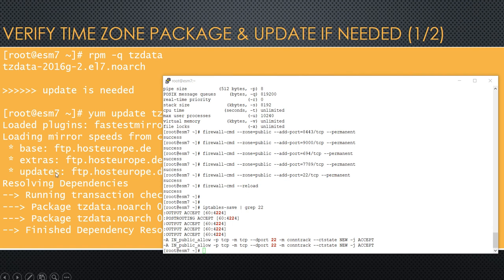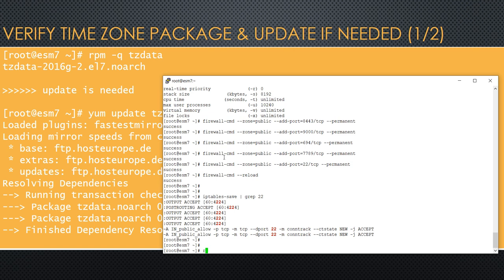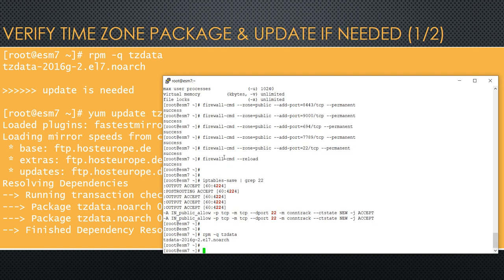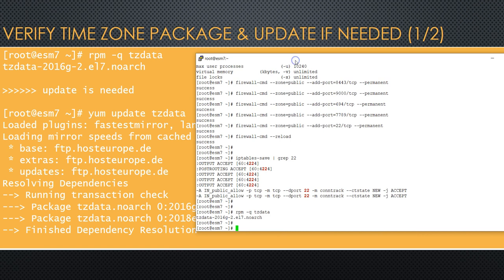Now we need to check for the time zone package. So I query here the package tzdata, and we can see it's very old, so I will update it using yum update.